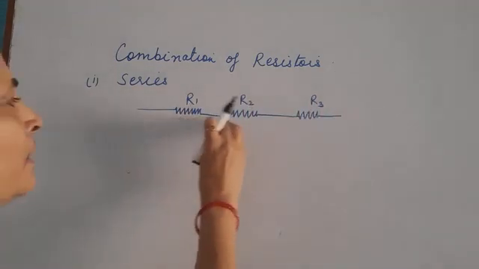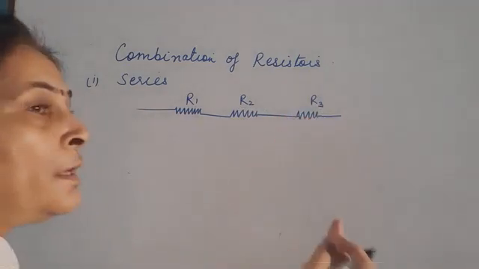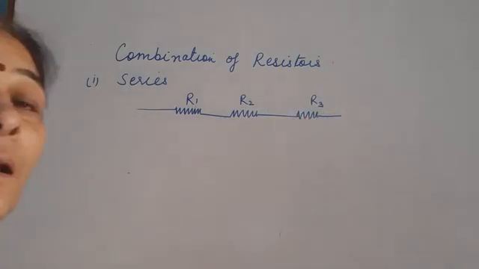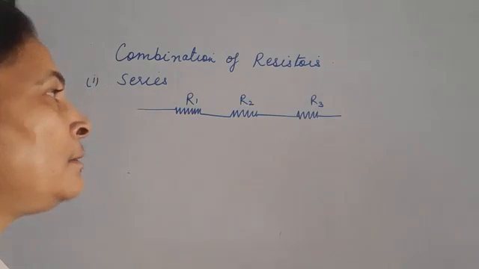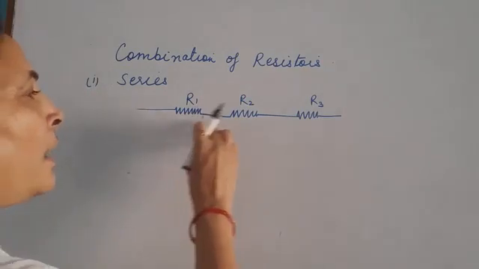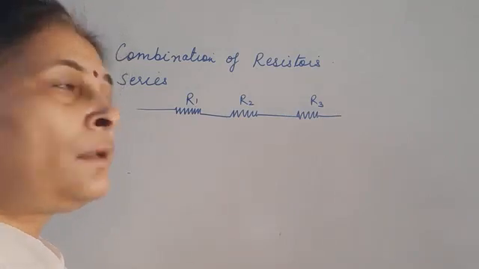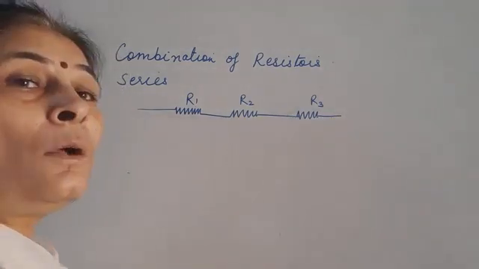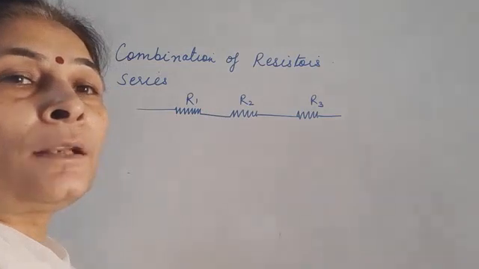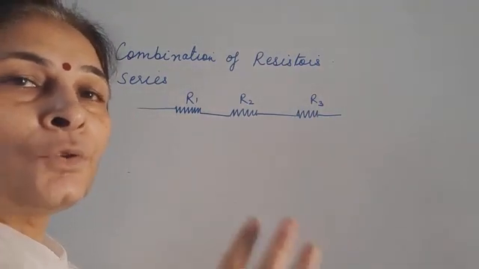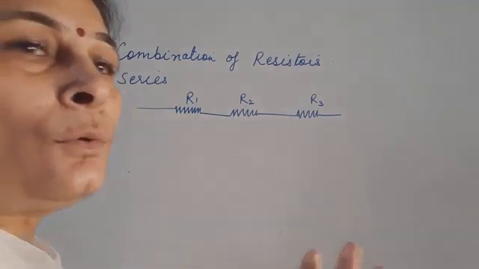If these are combined, what resistance will I get as a result? In other words, if I don't want three resistors in a given circuit, and I want only one in place of these three, what will be the value of that resistor? So this is what we are going to do.